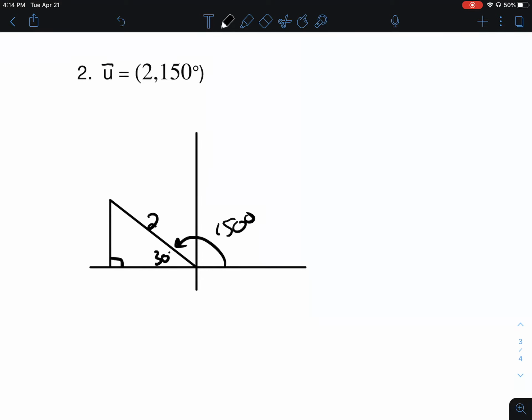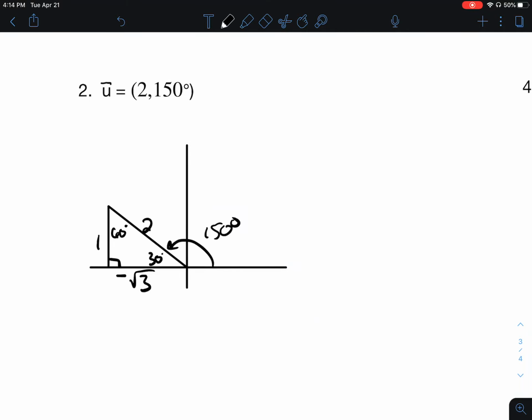And in a 30, 60, 90, which this is, the short leg is always half the size of the hypotenuse. Half of 2 is 1. That makes the long leg square root of 3. Now in quadrant 2, we had to go left, so x is negative square root of 3. We had to go up, so y is 1. In component form, vector u is negative square root of 3, positive 1.